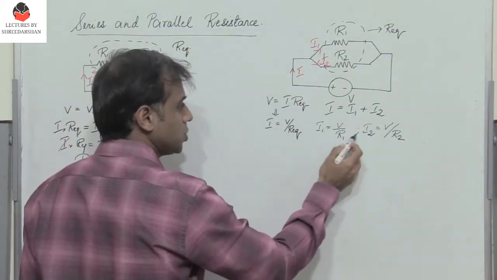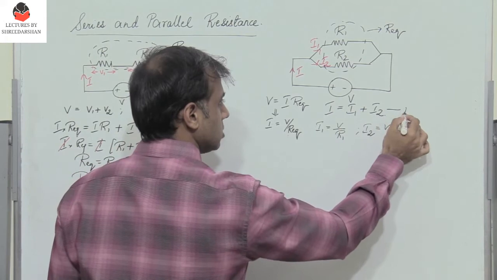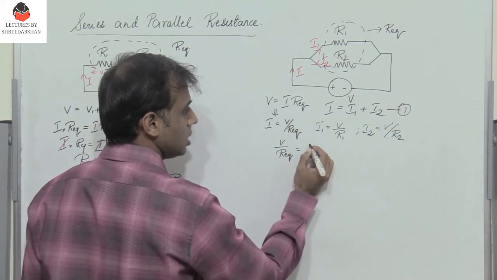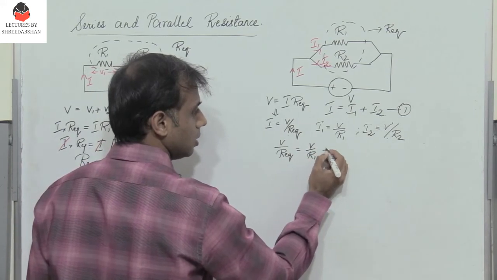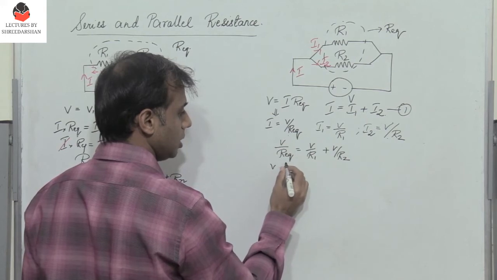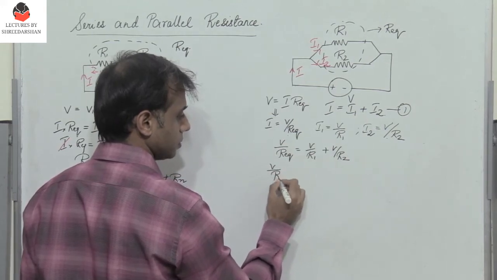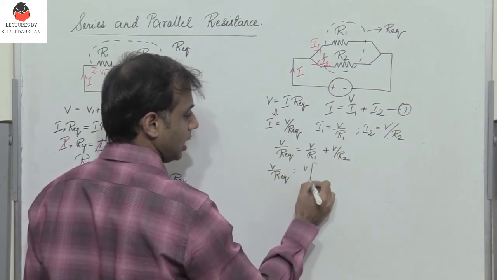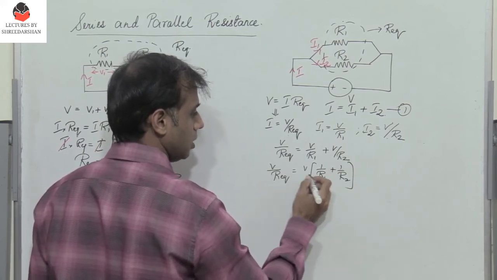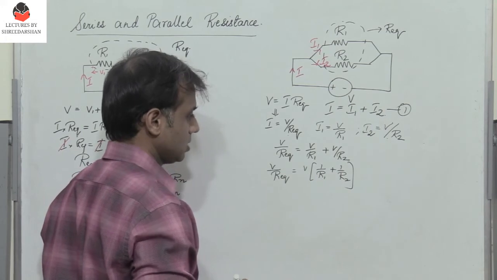So now let us substitute all these three expressions in this. Let me call this 1. So I have V by R equivalent equals V by R1 plus V by R2. Now if I take V common outside in the RHS, I have 1 by R1 plus 1 by R2. So V and V can be cancelled.